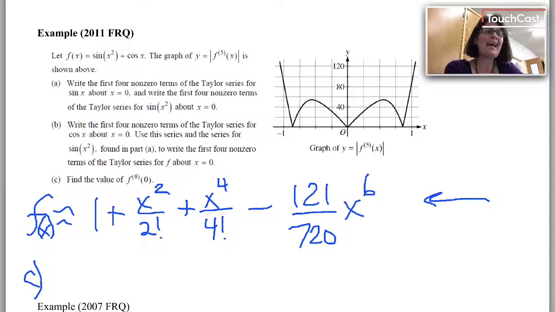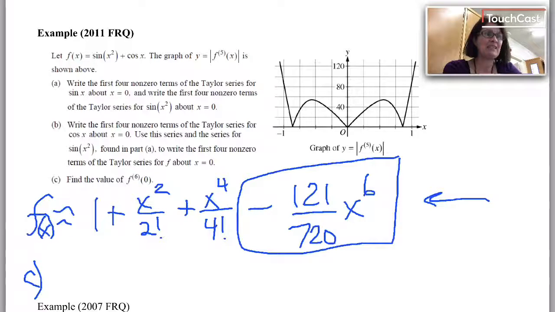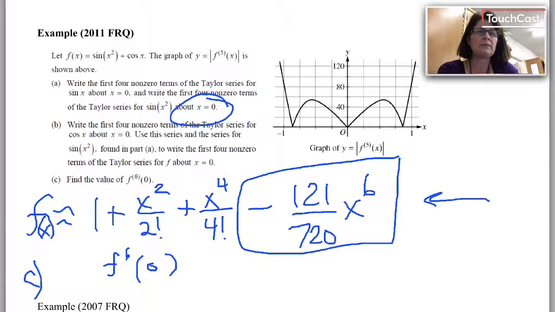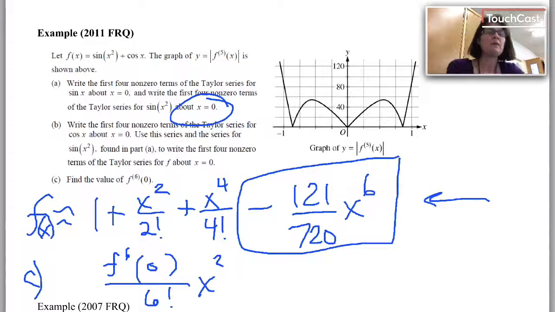So just notice that the term that has x to the 6th in it, just think about how a Taylor polynomial is built. That's supposed to be the 6th derivative of f evaluated at, in this case, this is all about x equals 0, over 6 factorial times x to the 6th.